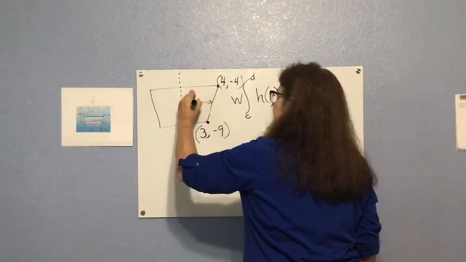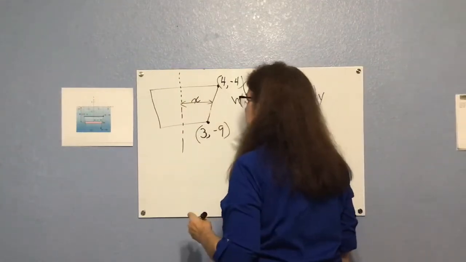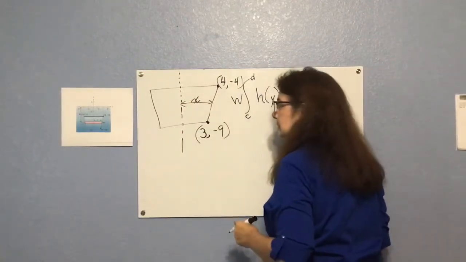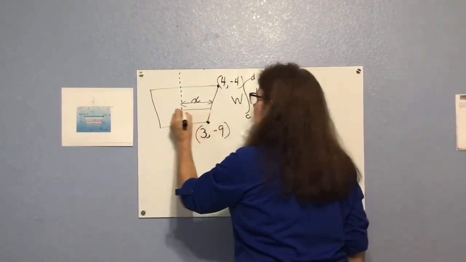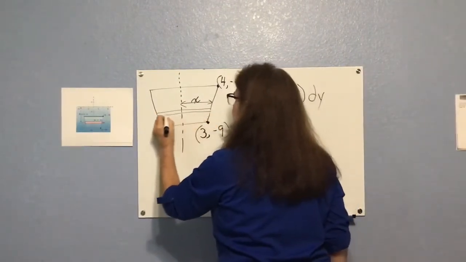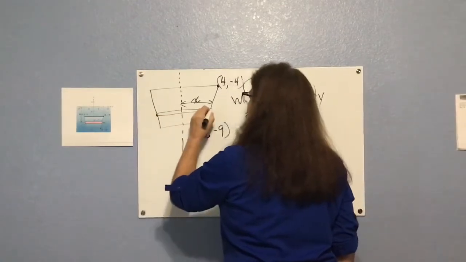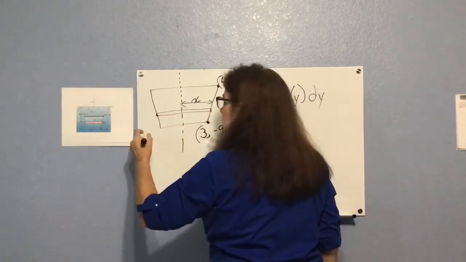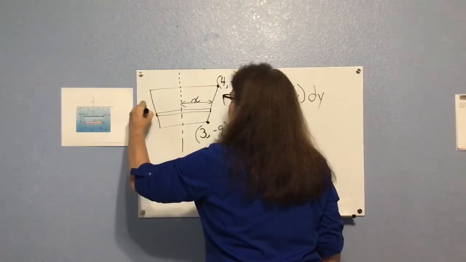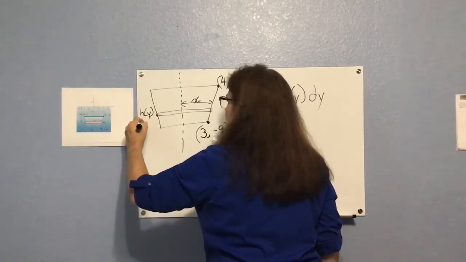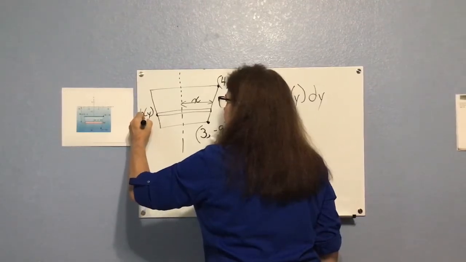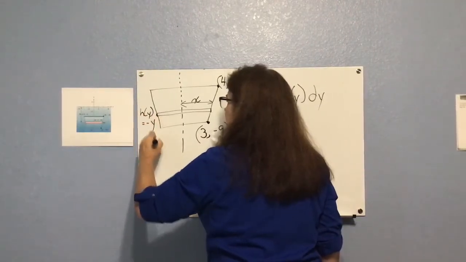And we're going to call this distance x. And of course, if I have a representative rectangle down here, this would be my h of y, which would be equal to negative y.